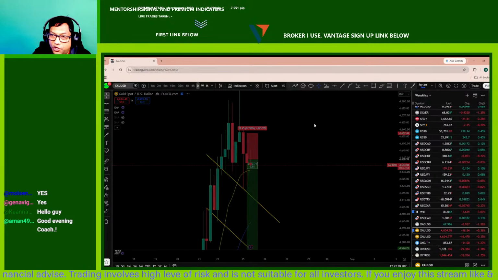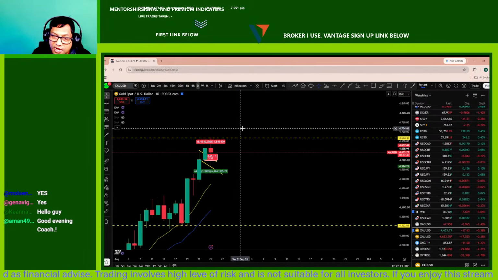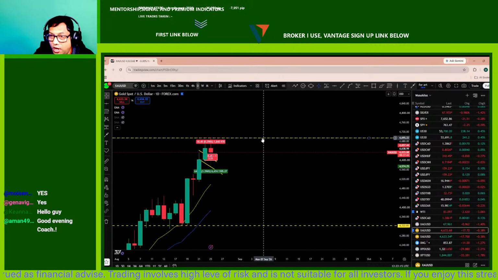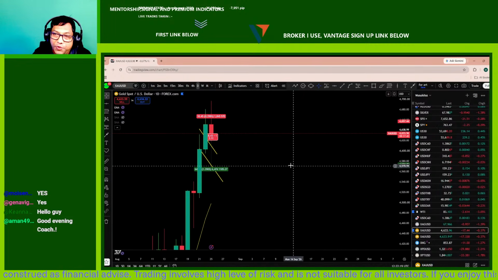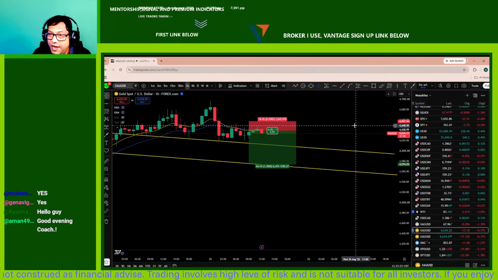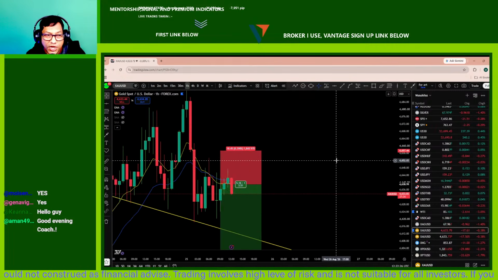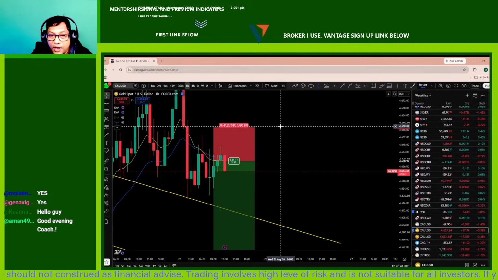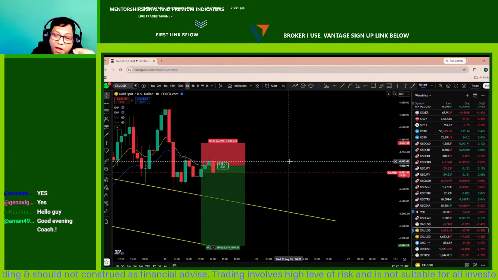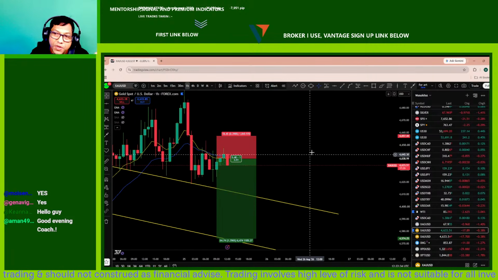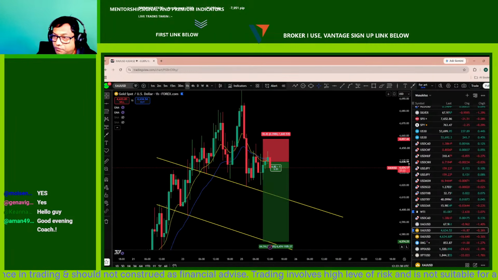So looking at first of all the daily chart on gold, you can see that for quite a few days gold was in an uptrend. We had our previous London session trade, and I'm going to look at that trade in depth. Currently, if you look, the price created a large head and shoulder. This is the 1 hour head and shoulder, and with it the market is trying to break the neckline at this level.